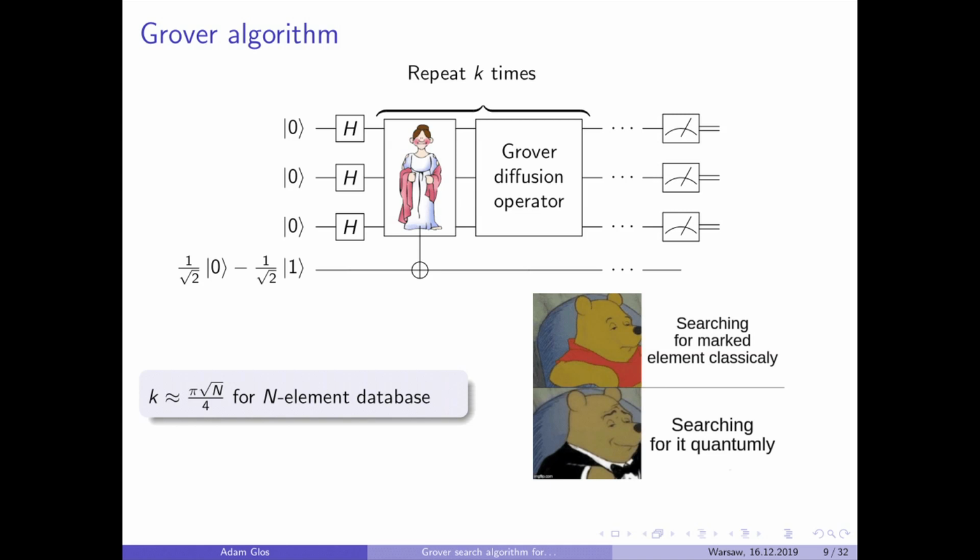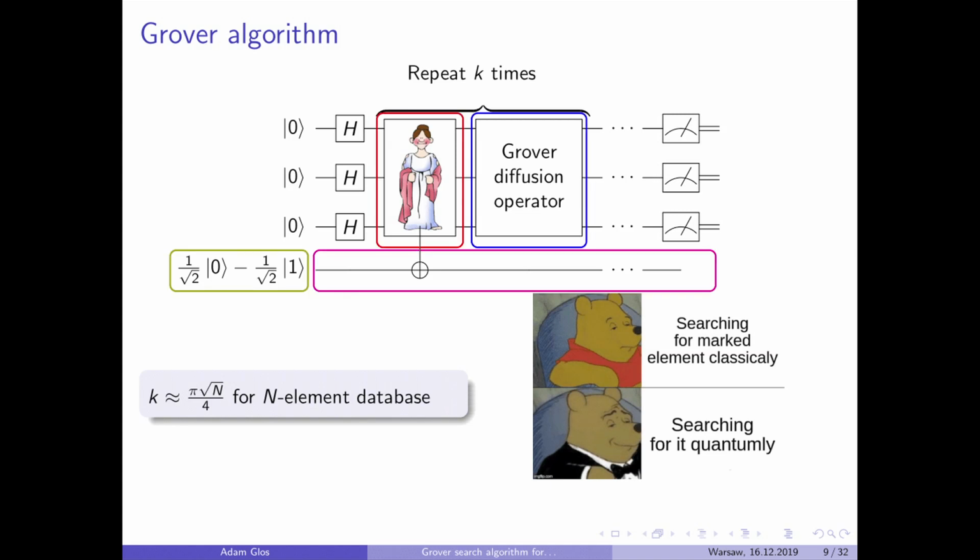But still, we have some problems with these things. First of all, we don't start with 0, but with a little bit more complicated state on the last qubit. Even more interesting is this issue, because note that our oracle applies the NOT on the last qubit, but we do not measure it.